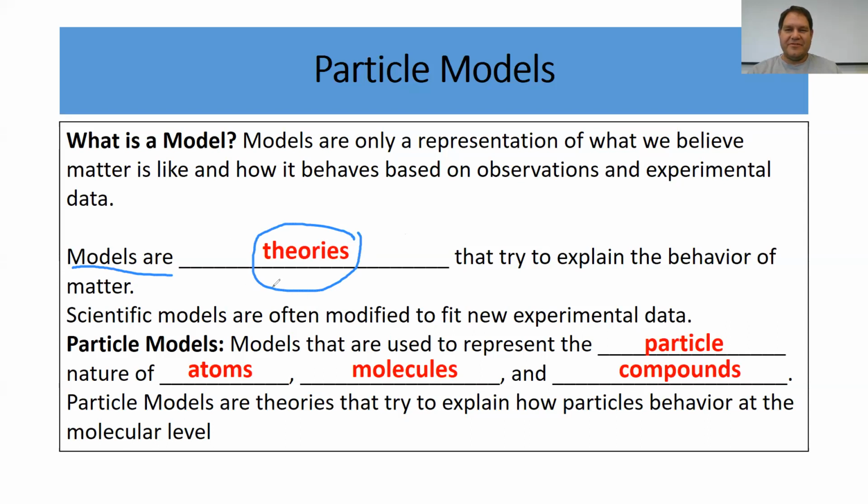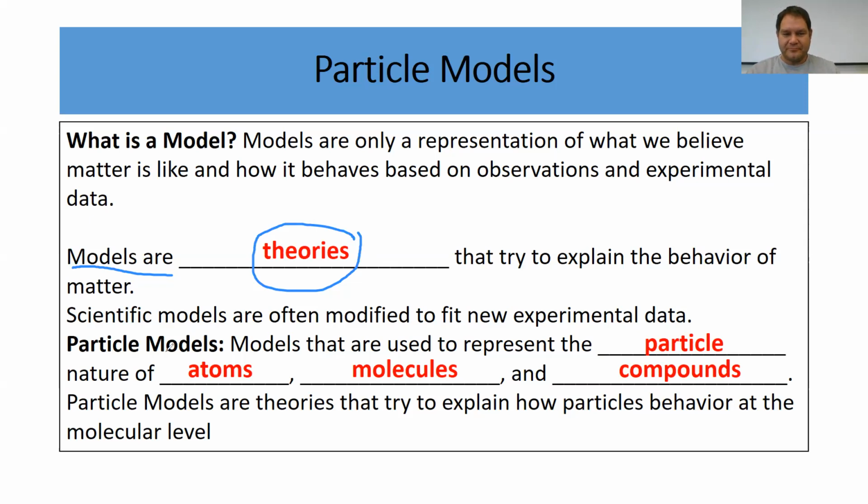So whenever you think of a model, I want you to think of it as just a theory. It is what we believe is going on. It is a way to say this is how we think that matter is behaving, how it's working at a particle level, at a very small level.